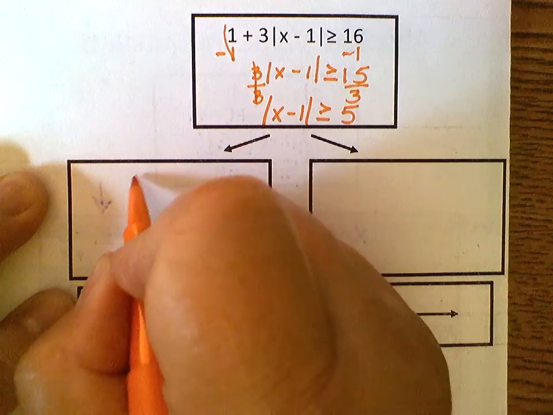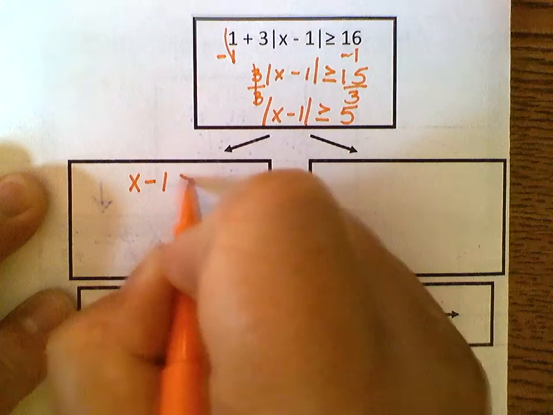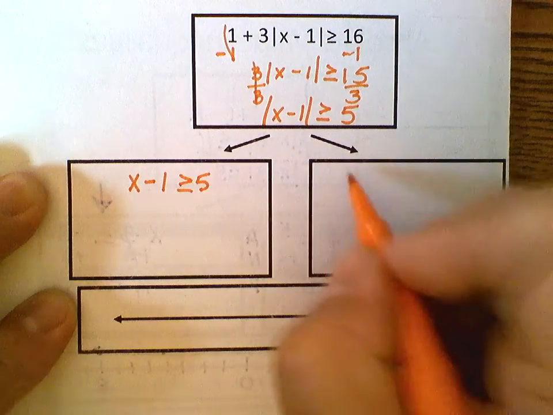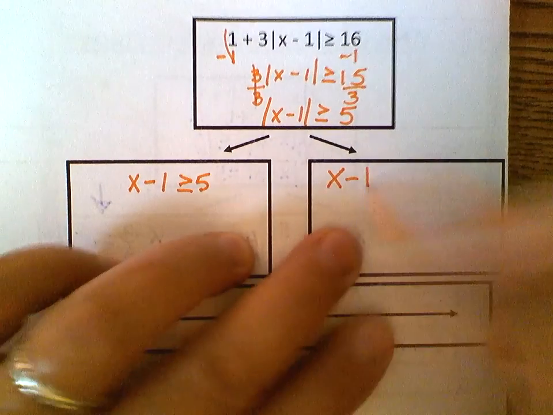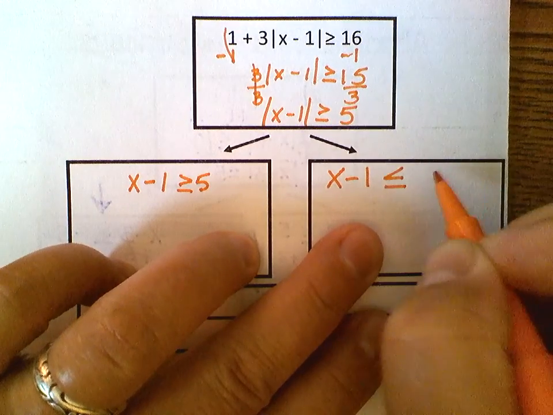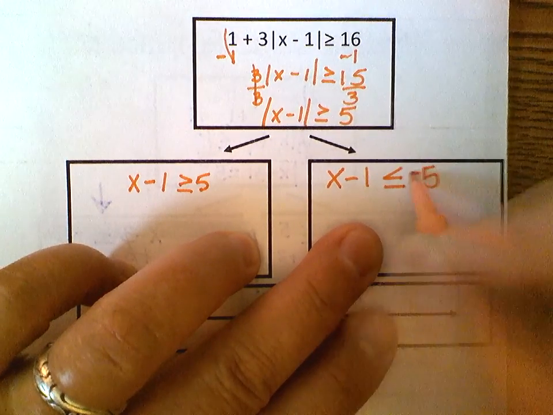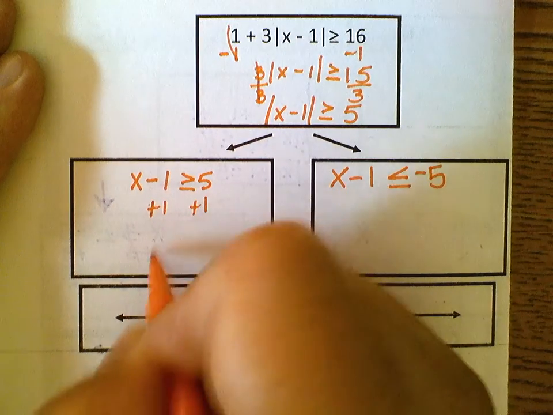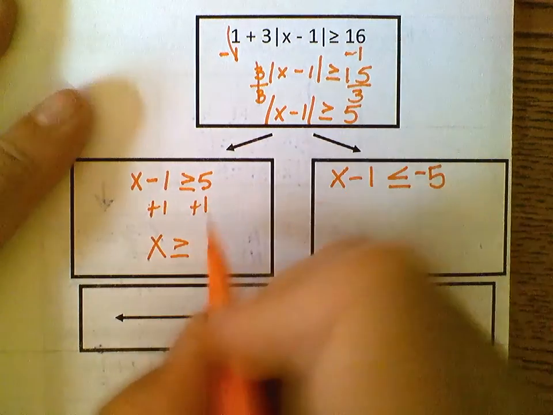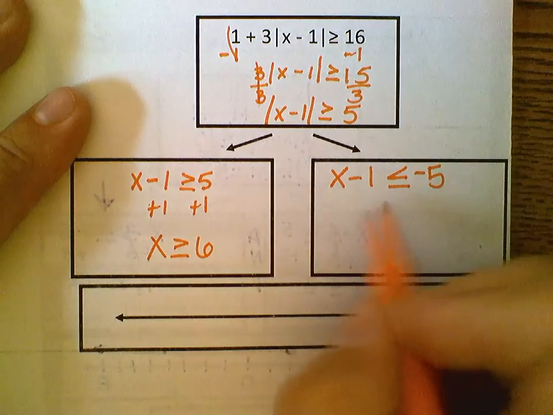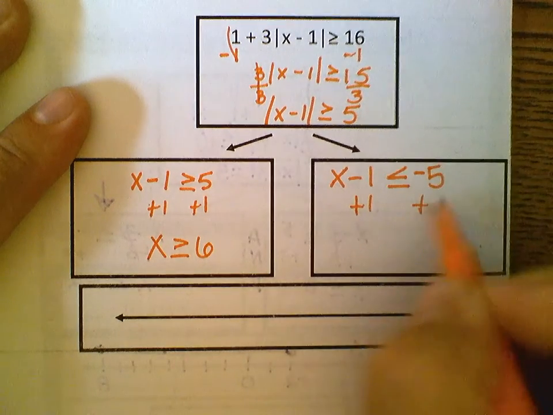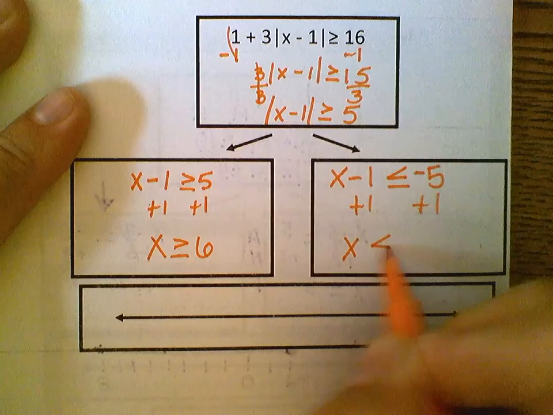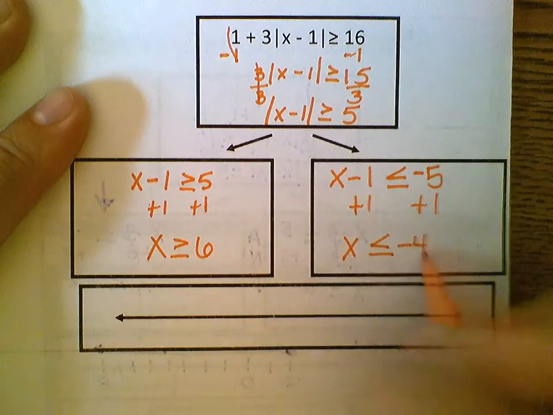So I rewrite the inequality without the absolute value bars, and then I rewrite the inequality, but I flip the symbol and make the 5 negative. So after I add the 1, I get x is greater than or equal to 6. And after I add the 1 over here, I get x is less than or equal to -4.